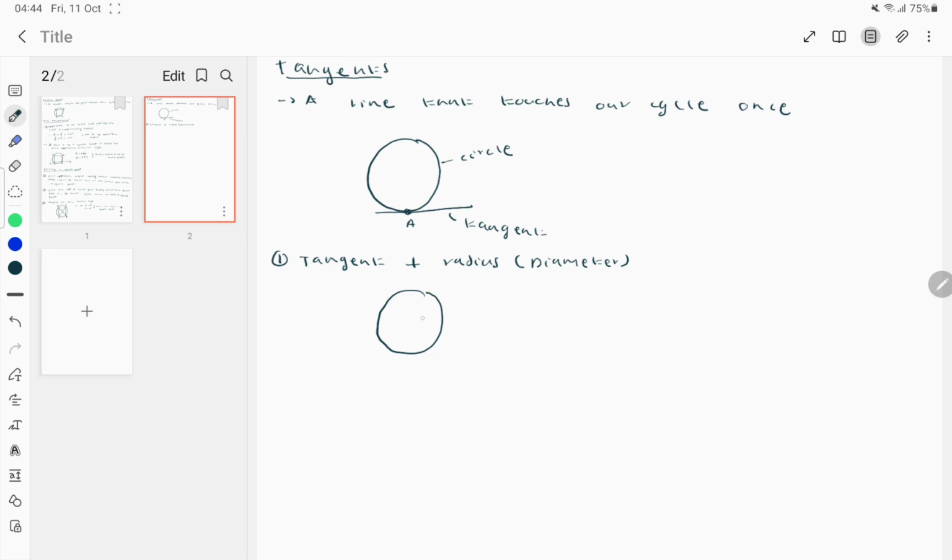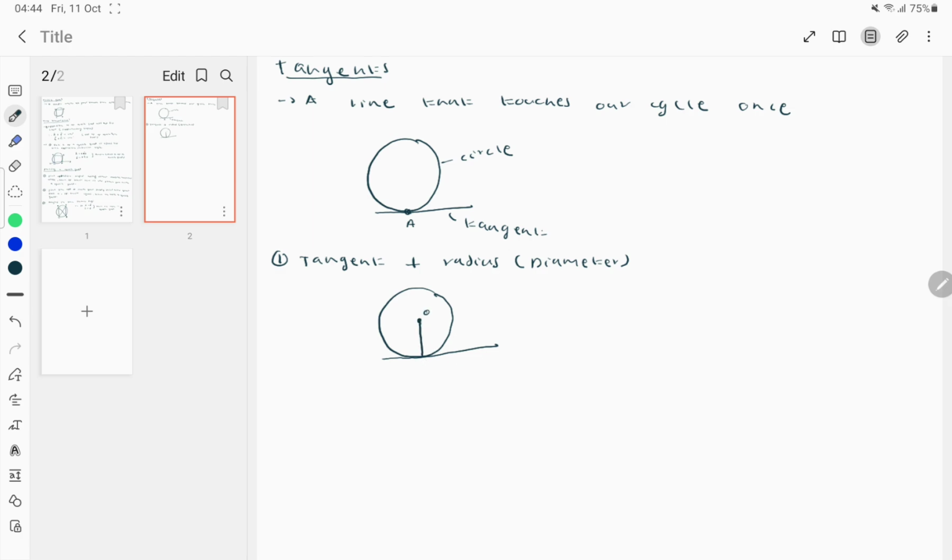So in this case, you have a circle, and then we have a tangent, and they'll tell you that this is the center O, and that's a radius.